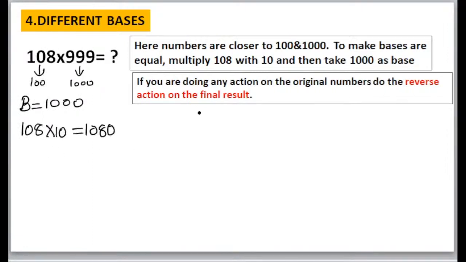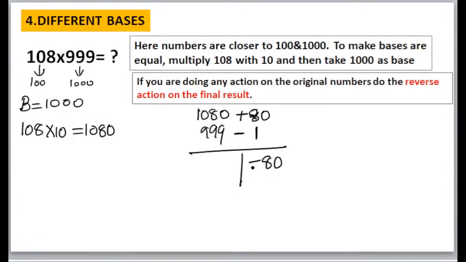So our numbers are 1080 and 999. 1080 is 80 greater than 1000 and 999 is 1 less than 1000. Here RHS is 80 into 1, that is minus 80. In RHS you have negative term. 1080 minus 1 is equal to 1079.